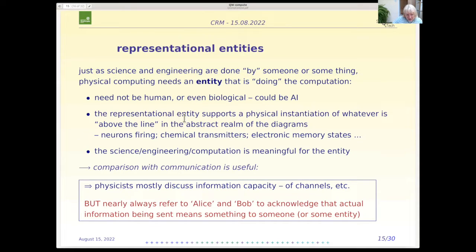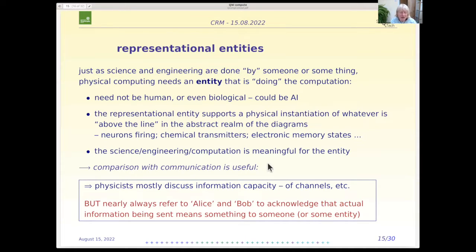So the representational entity supports a physical instantiation of whatever is above that line in the abstract realm of the diagrams. Might be neurons firing, it might be chemical transmitters in a bacteria, it might be electronic memory states. And the science, engineering, computation is meaningful in some sense for the entity.